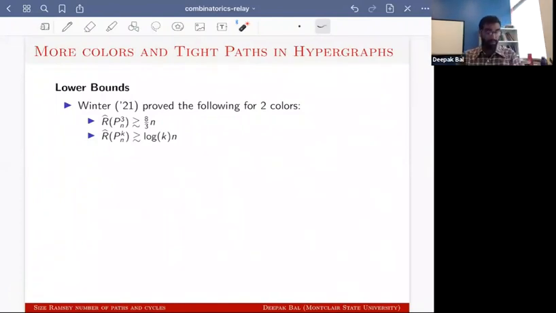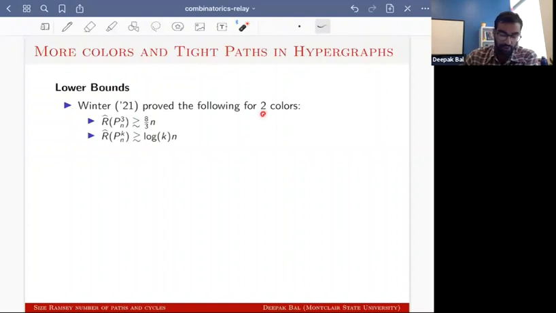The only thing we've seen very recently, Winter proved the following for 2 colors: that in 3-uniform tight paths on n vertices, the size Ramsey number of these is at least 8/3 n.